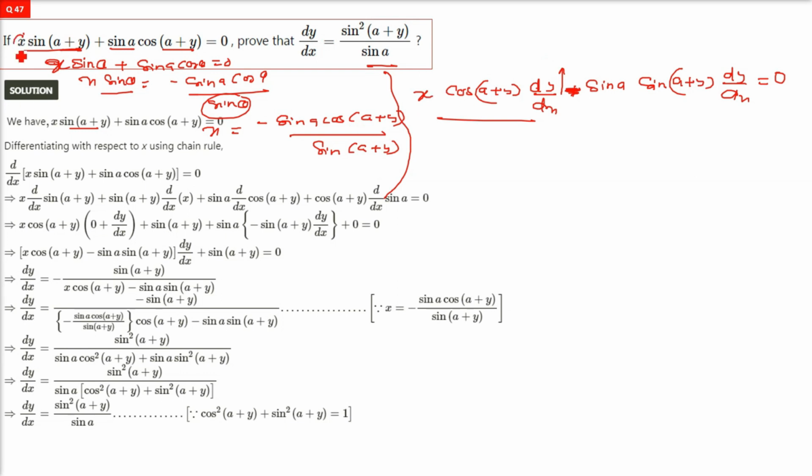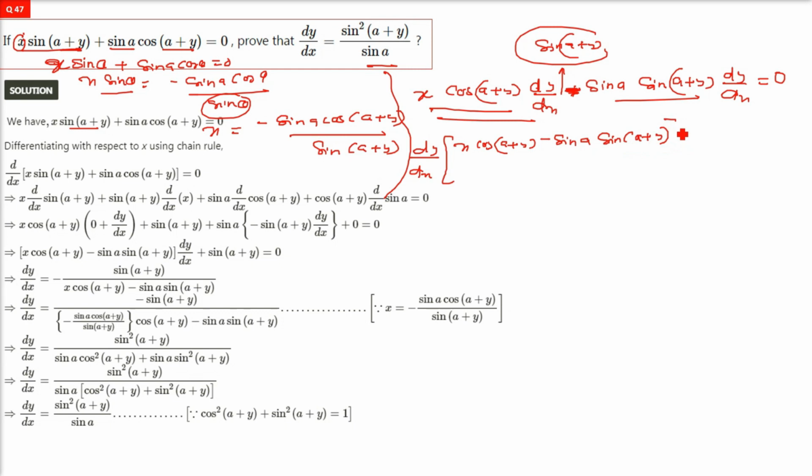So what we have done is x cos a plus y dy by dx. Now sin a plus y we take outside, dy by dx of x will be 1. And this we have already done. So we have 2 dy by dx. Let us take dy by dx common first. So you have x cos a plus y, this one, here now minus sin a plus y.